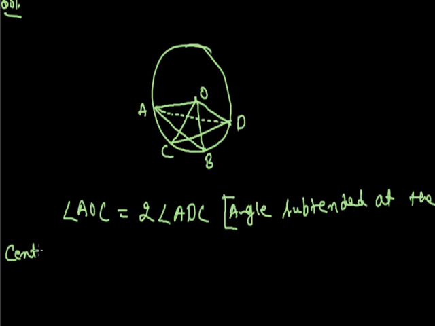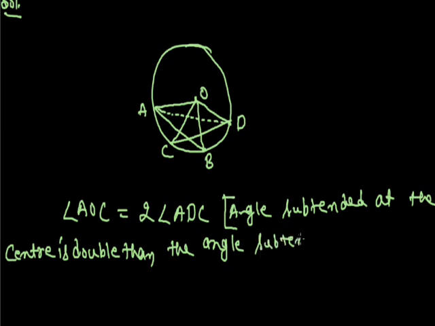Angle subtended at the center is double the angle subtended by it on the remaining part of the circle.